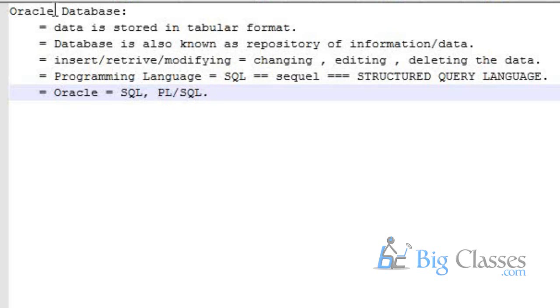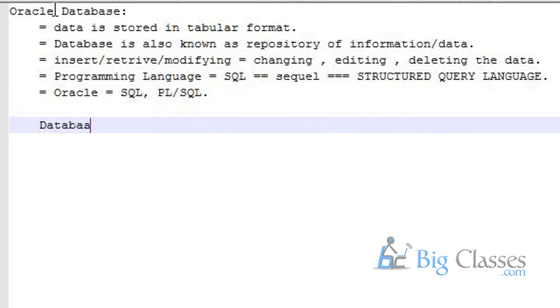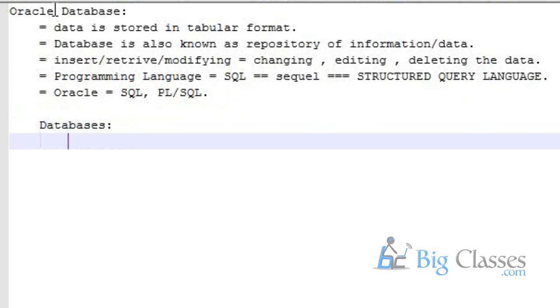In the market we have several databases. Examples I am giving you here. As you know, Oracle is a database. Here Oracle is an RDBMS. Let me explain this.